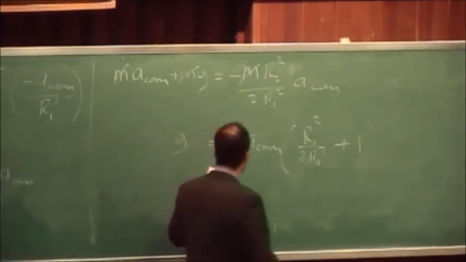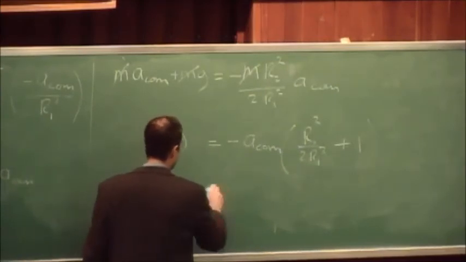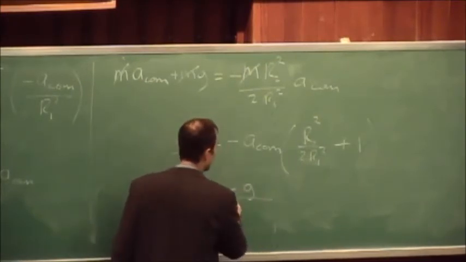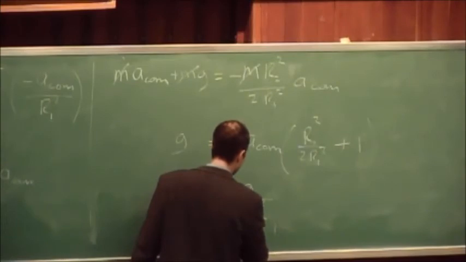Now, if I solve here for a, then a center of mass is equal to minus g all over 1 plus r2 squared all over 2 r1 squared.